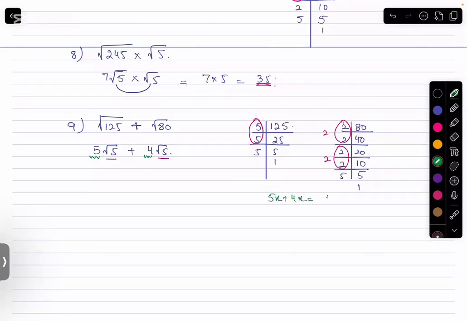You say that this is going to be a 9x. ठीक है, so just in place of x अगर आपके पास root of 5 लिखा हुआ है, so you'll just say that this is going to be the addition of 5 and 4, which gives you a 9, and then root 5 common. और इसकी मजीद एक्सप्लेनेशन ये हो सकती है कि इस टर्म से हमने रूट 5 कॉमन कर लिया और यहाँ पर आपके पास 5 plus 4 रह जाता है, which just gives you a 9 root 5. ठीक है, so I have tried to explain it by all the means that I know. Understood? I hope there is no problem.